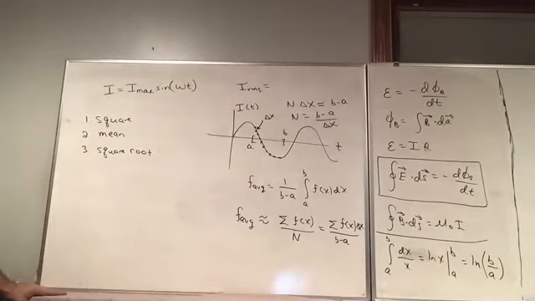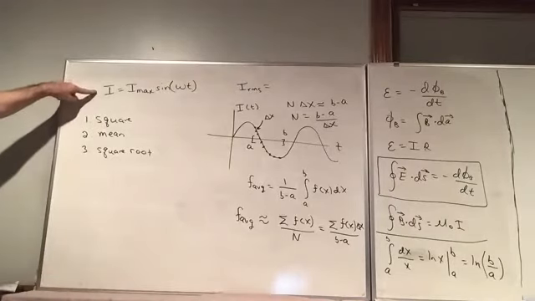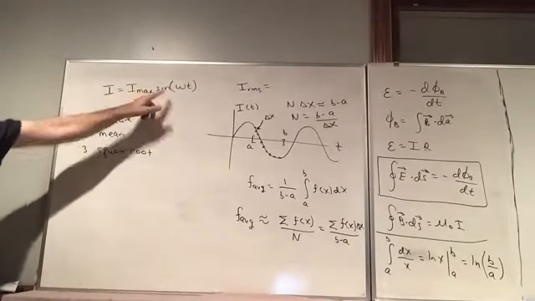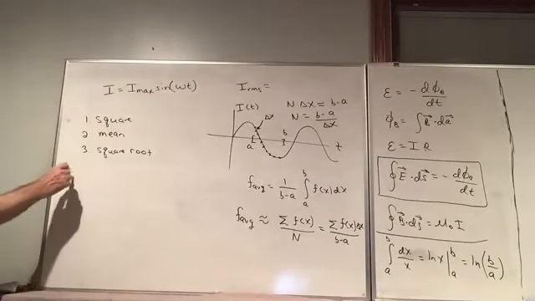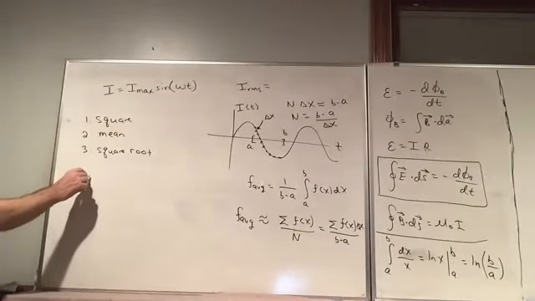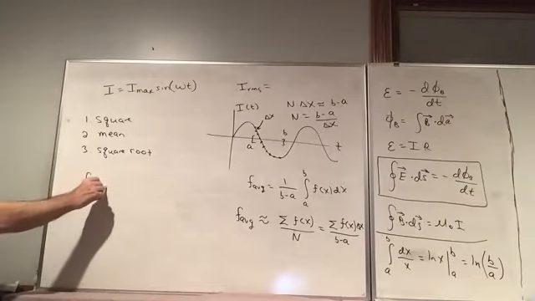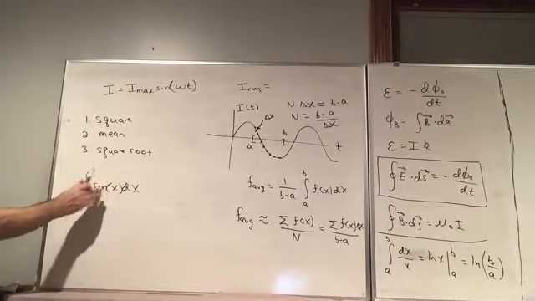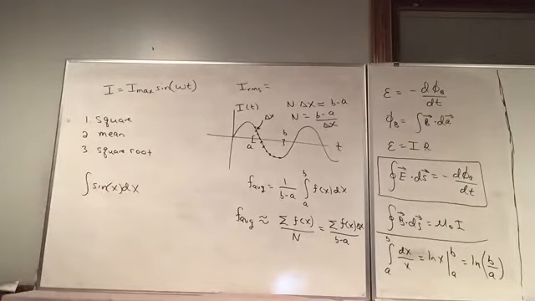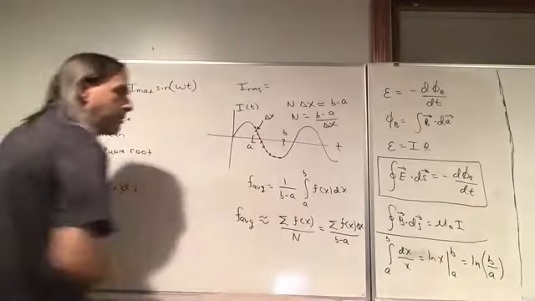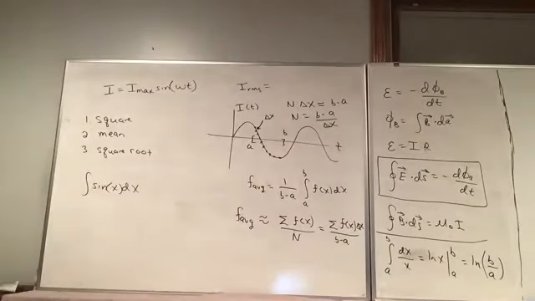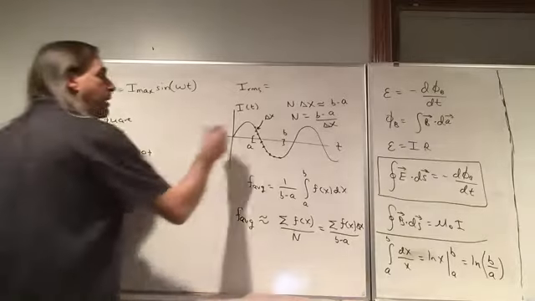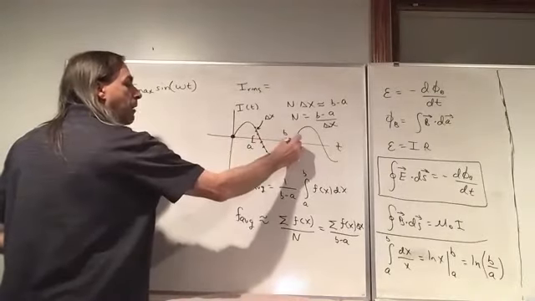Okay, so now let's just take the average of this function. Let's just take the average of sine of x. Now, there's 2 ways we can do that. One way would be to integrate sine of x. And to be precise, let's just look at one period from here to here.